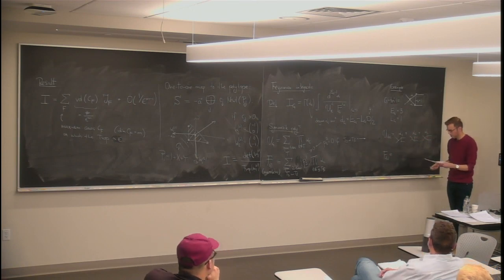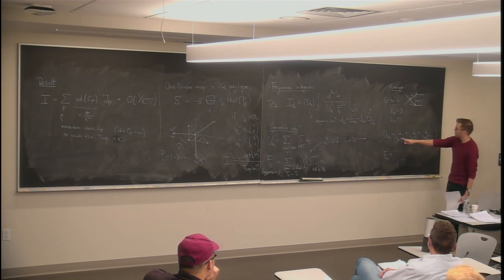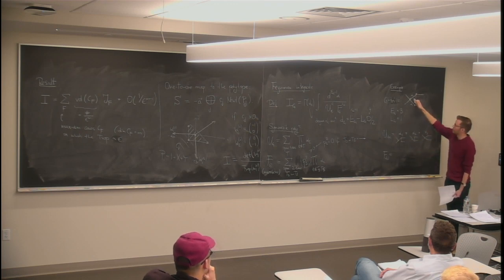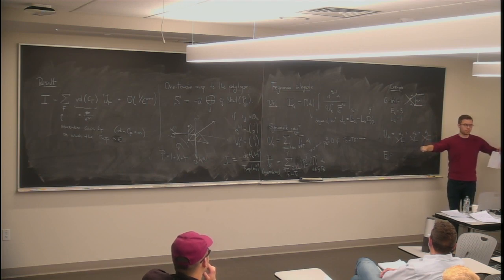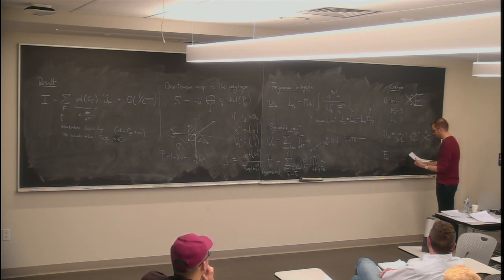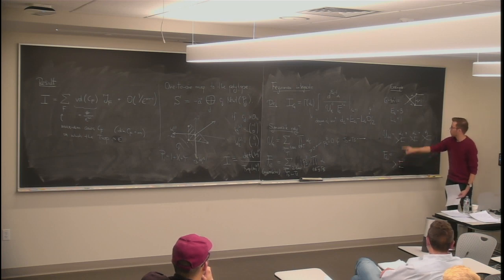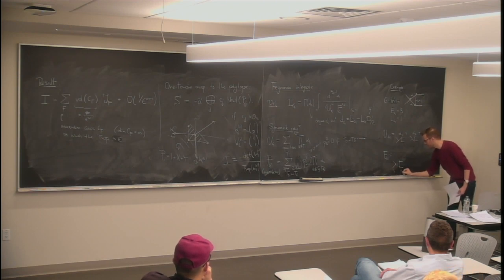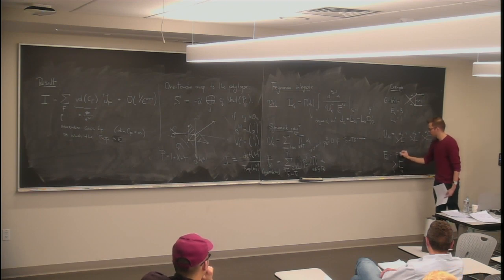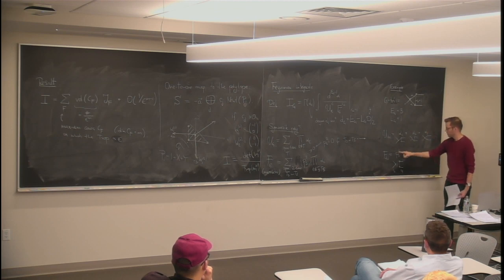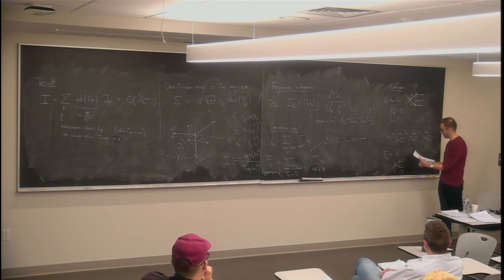To make it more clear, let me apply it to this diagram. In this case, we have the F of the triangle. Now we have to remove two edges to go from a one-loop diagram to something that is a disjoint union of trees. The simplest example is this thing, where I've removed the edges 1 and 2, and I have two trees, E_S and E_S bar. Associated to these, I will have some function.